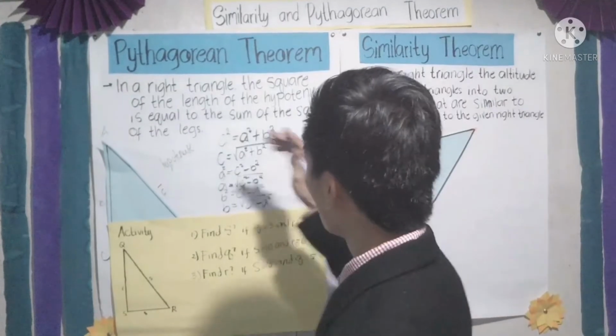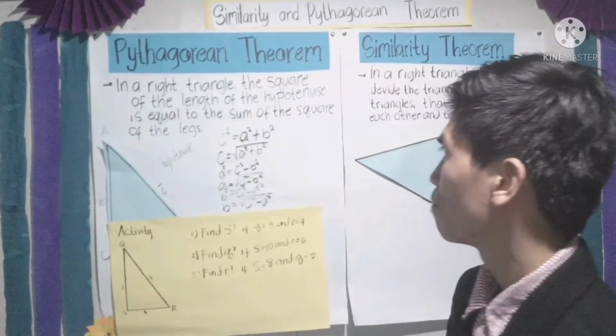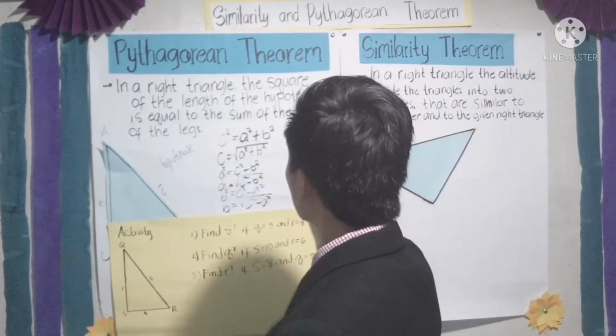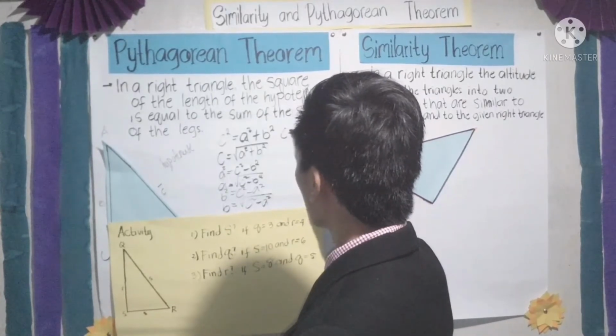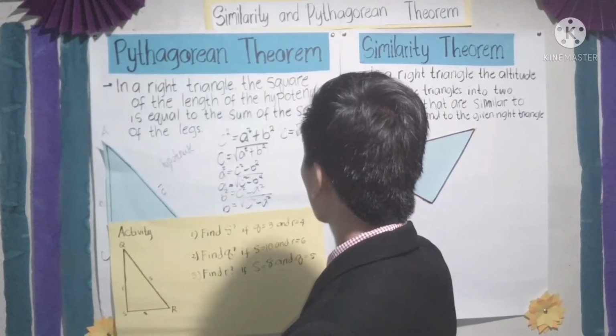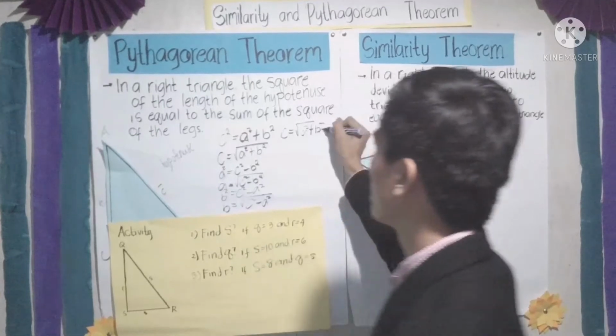By using this formula, c is equal to the square root of a squared plus b squared.